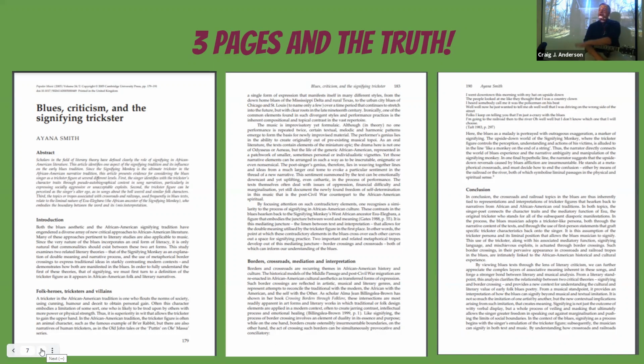So let's say you're writing a paper on criticizing blues music and how the signifying trickster character comes into blues. What you're going to need to do is write a literature review. A lot of people get hung up on the word literature.